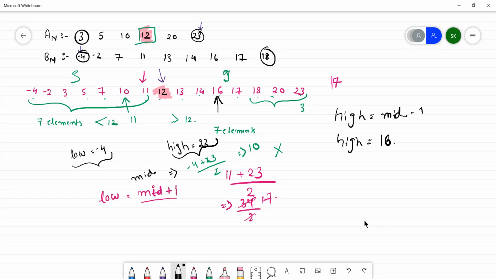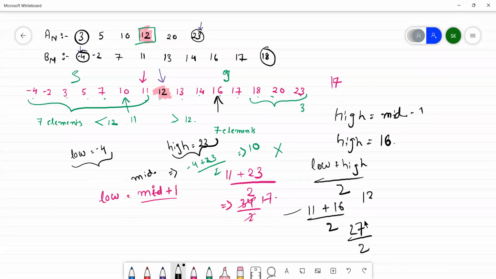Now we will check how many elements, sorry, low plus high divided by 2. Your low was at 11. Your high is at 16. 27 divided by 2, you will get 13. So how many numbers are there which are greater than 13 and how many numbers are there which are smaller than 13? Sorry, not 17, 13.